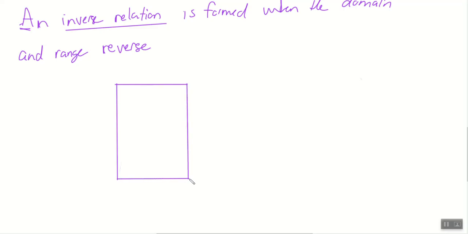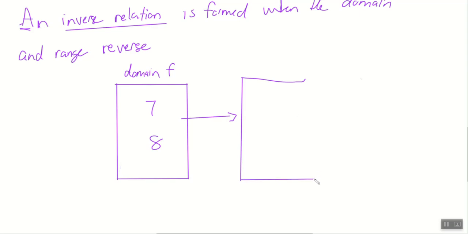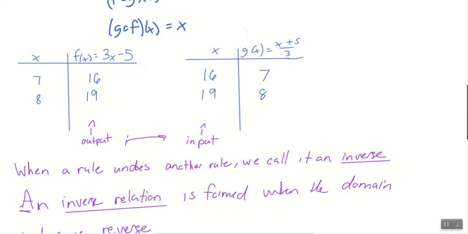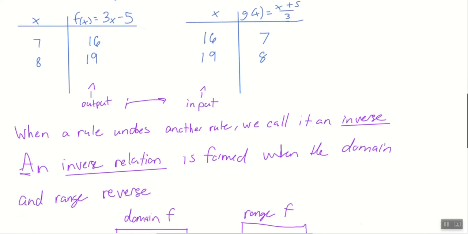So if I took my two tables, I'm going to put them in boxes, kind of like what we did for composition functions. We had domain of f, which was 7 and 8. Then we went to our range of f, which was 16 and 19. Now, the inverses, we flipped them above.